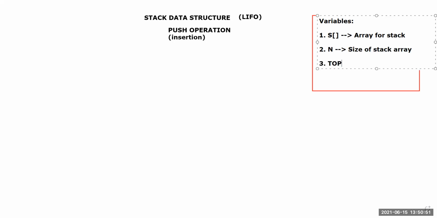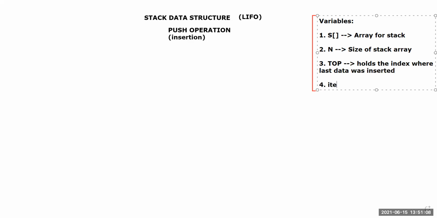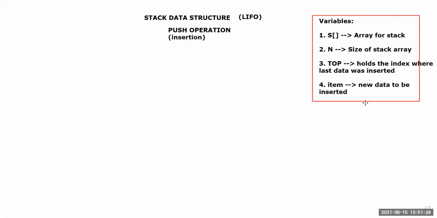Then we require the top, which is of much importance because it holds the index where last data was inserted. And finally, for this push, we will require item, which contains the new data to be inserted or pushed. All right. So these are the variables that we require for our stack.